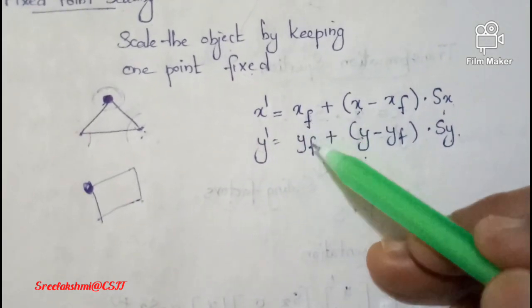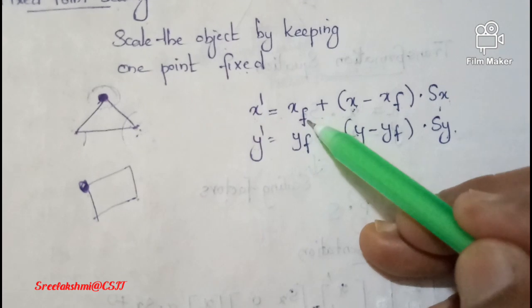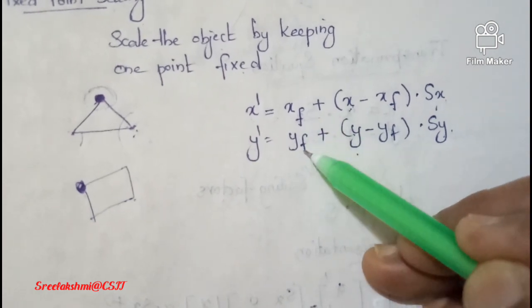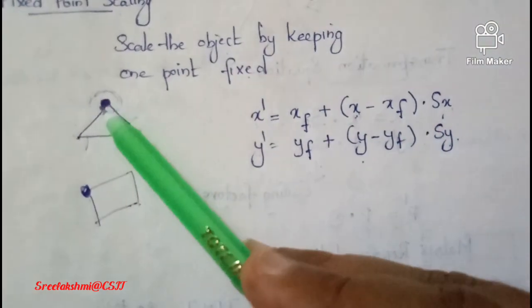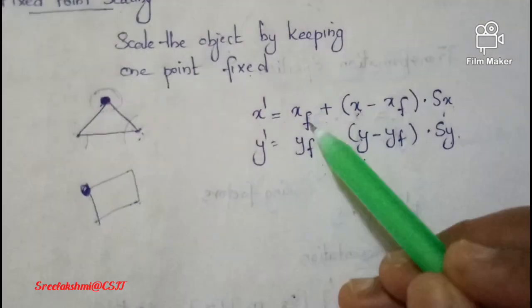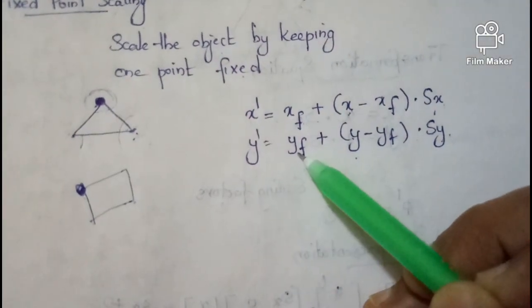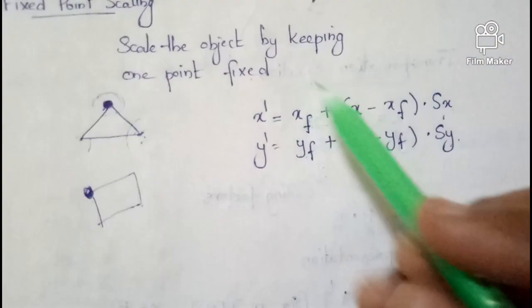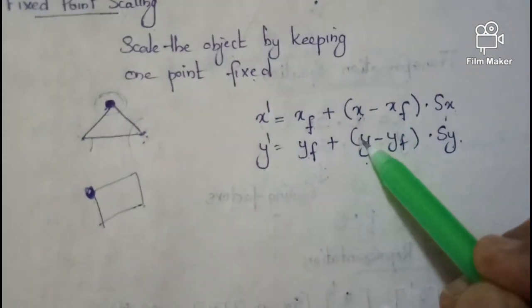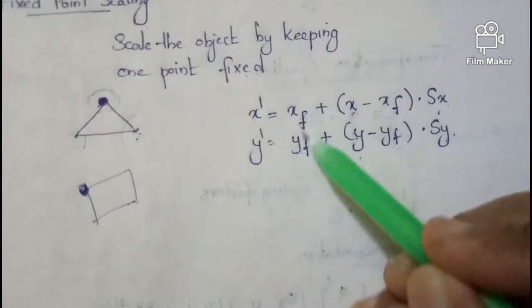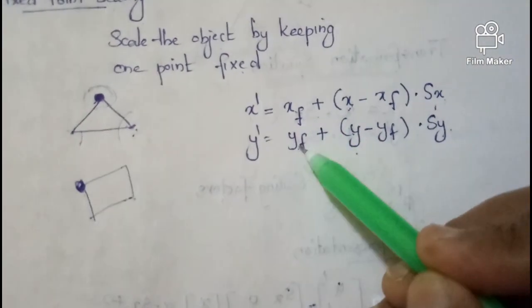What is this xf and yf? This is the fixed point's x value and fixed point's y value. So x value at this position is xf, y value at this position is yf. So this is the original point to be scaled. This is the xy values of the fixed point.